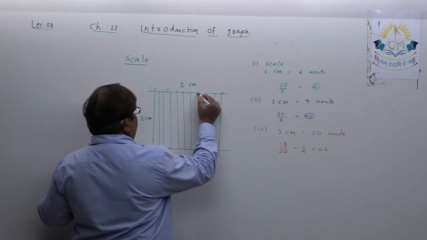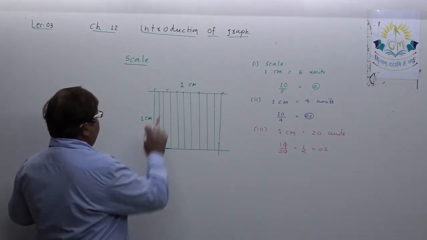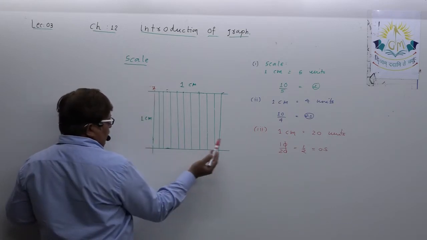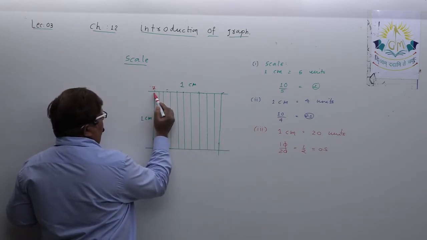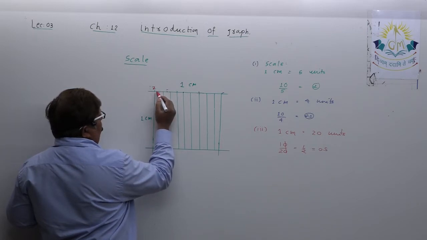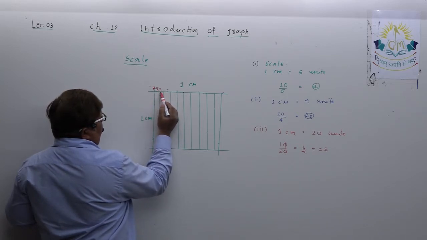So how will you represent the number? Suppose starting from here, there is some 7. So every 0.5 means 1, 2, 3.5. Here it will be 8. Then, dear student, here it will be 9.5. This is 10.